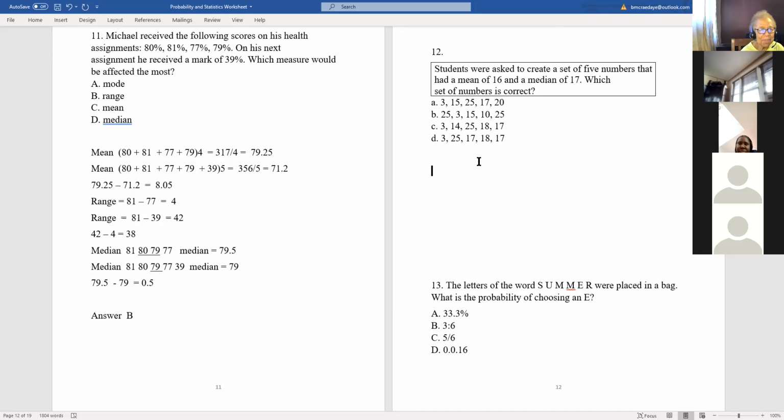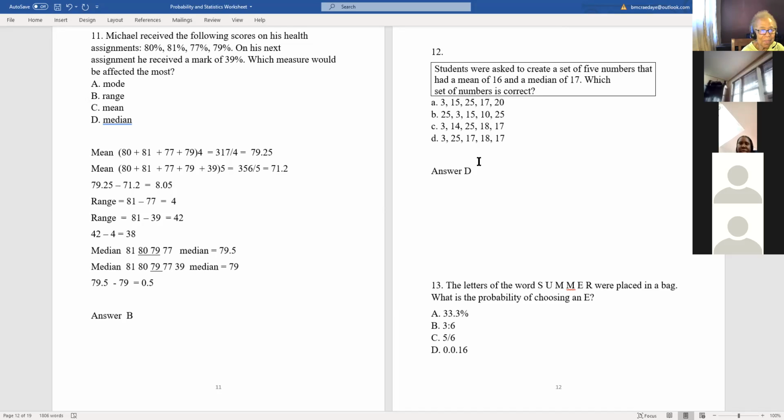Which set of numbers has a mean of 16 and a median of 17? Okay. And Michelle said D. Let me see. I'm going to check the median. Michelle, you said D. The median, let me see. It's 5, right?